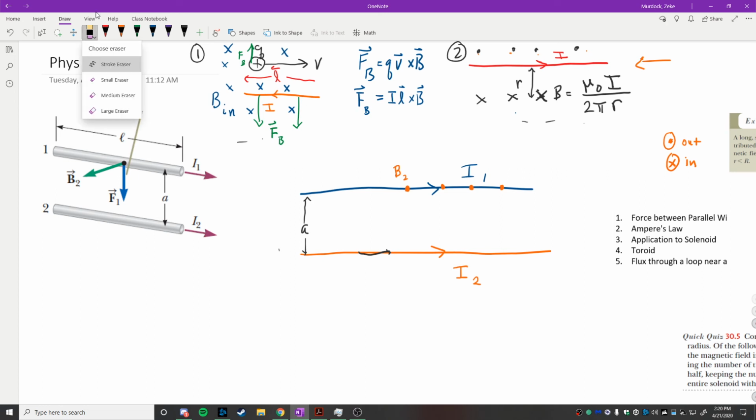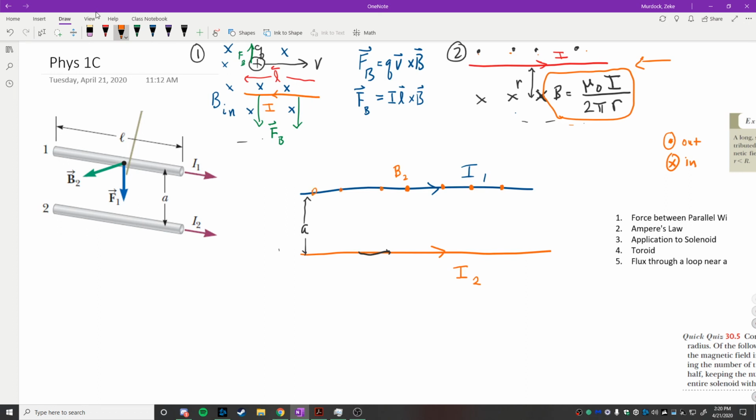At this location, there's going to be a magnetic field that we call B2, and it's produced by this wire that carries a current I2. Then we can use that equation to describe the value of B2, the magnetic field at this location, all along this wire.